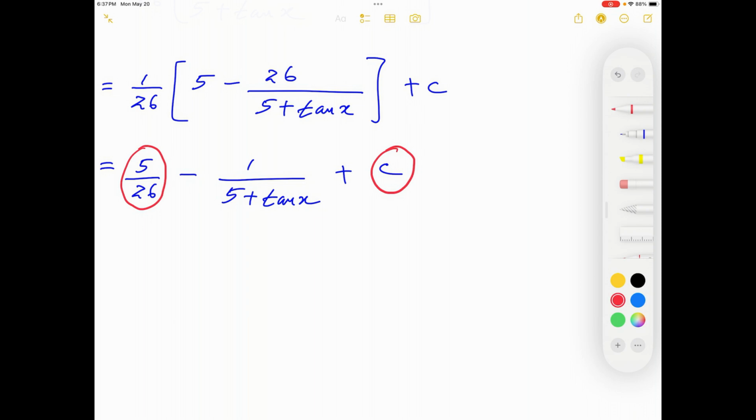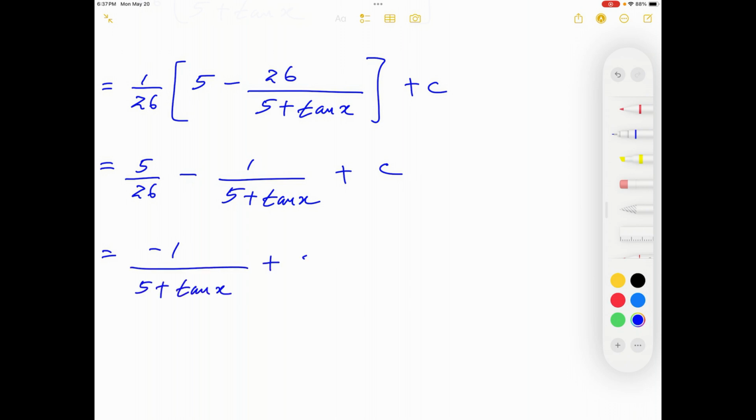Those two can be added to become a new constant. Therefore, this answer can be written as negative 1 over 5 plus tangent x plus k, where k is an arbitrary constant. Now you can see that this is exactly the same answer as the answer that we obtained for this integral using the trig substitution u equals tangent x.